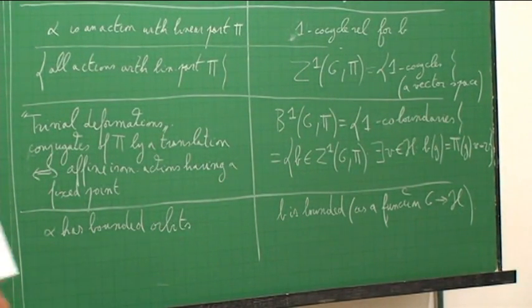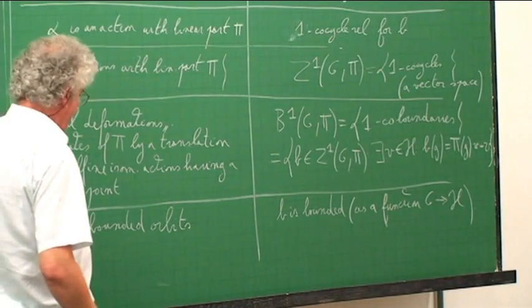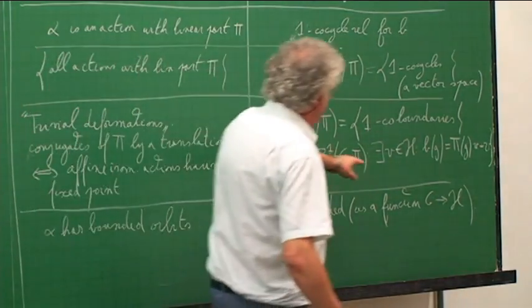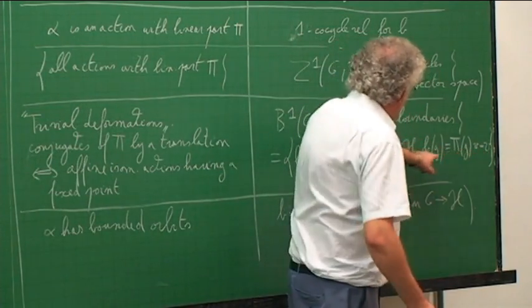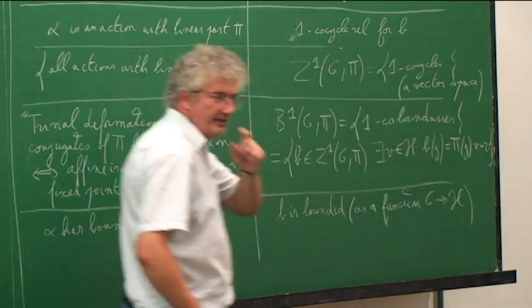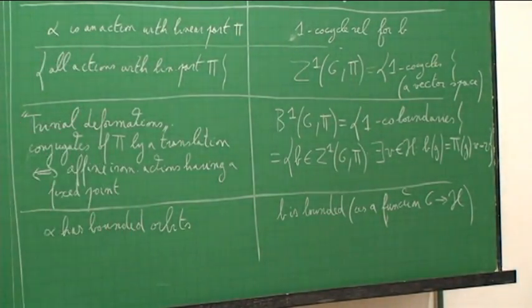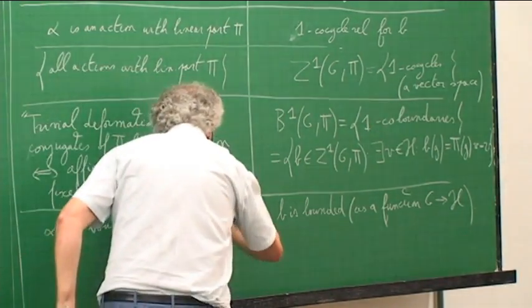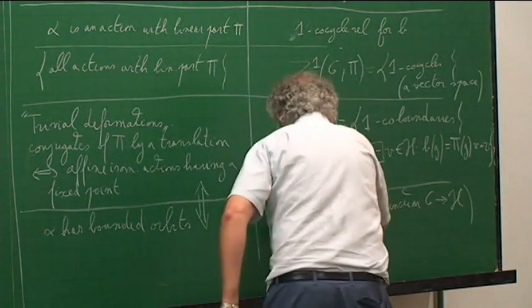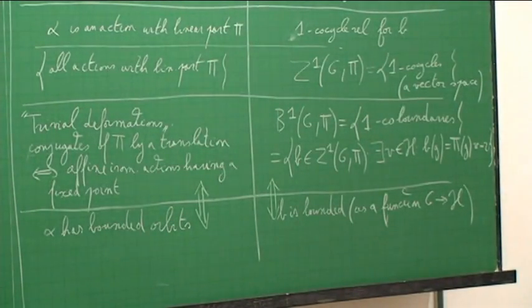Clearly, if alpha has a fixed point, because we are dealing with isometries, alpha has bounded orbits. And here it's obvious that if we have such a coboundary, it will be bounded by twice the norm of v, just by the defining equation. But the point is that the converse is true. So this is not completely trivial, but it's quite useful that you have an equivalence. I will come back to that later.